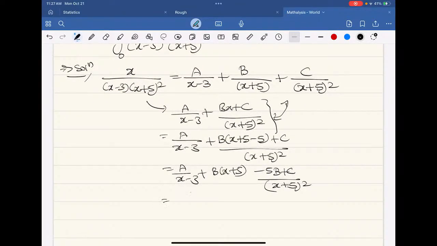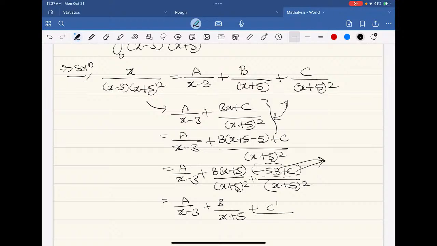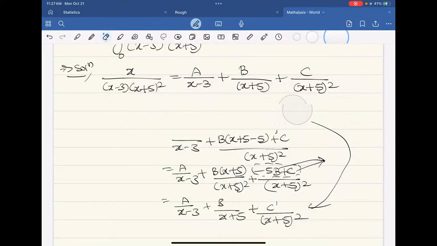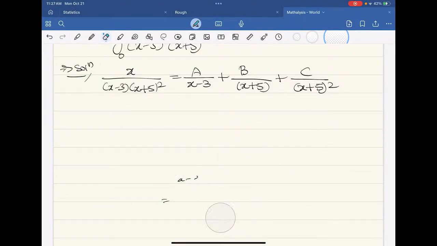Now this is A by x minus 3 plus B by x plus 5 and then plus, let this minus 5B plus C be another constant, C dash, divided by (x plus 5) square, because these are just some numbers, right? So numbers plus numbers will be another constant. So do you see that these two are actually the same, right? So either of them is valid. Now let's go to the solution.